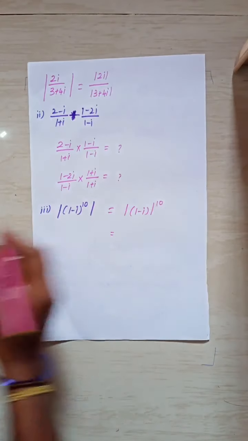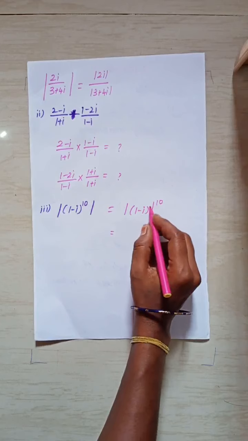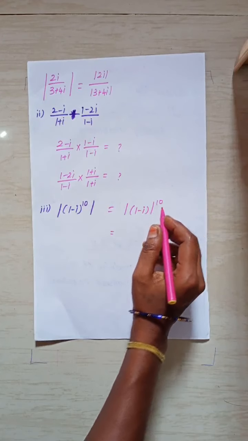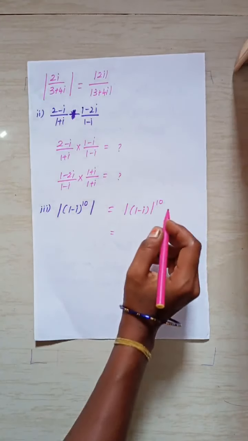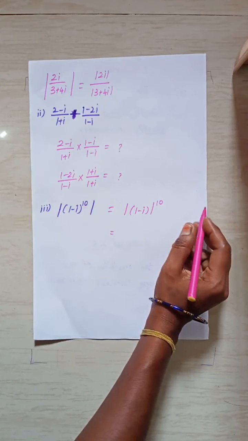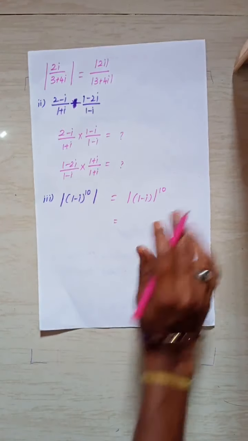Square and root get cancelled. Finally, what is the result? The square root of 2 is nothing but 2 power 1 by 2, the whole power 10. Cancel it, and finally we get the result.